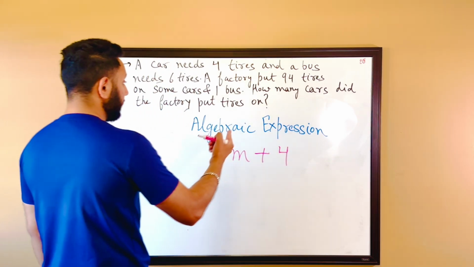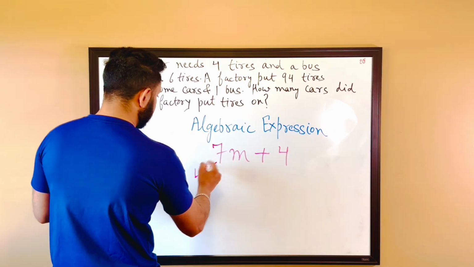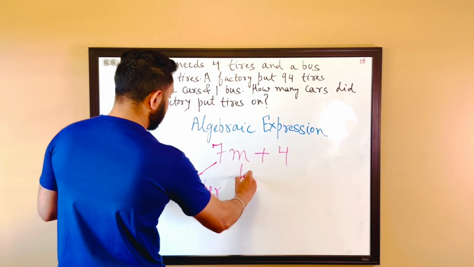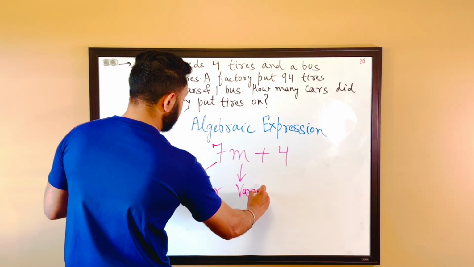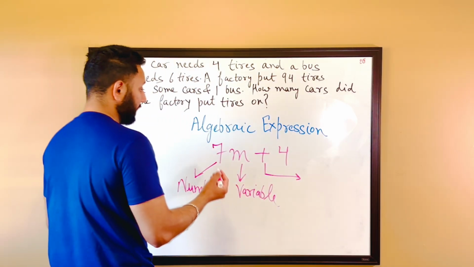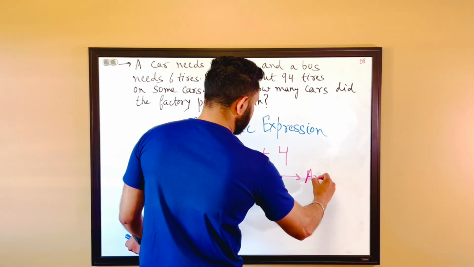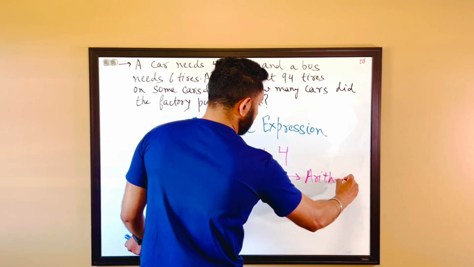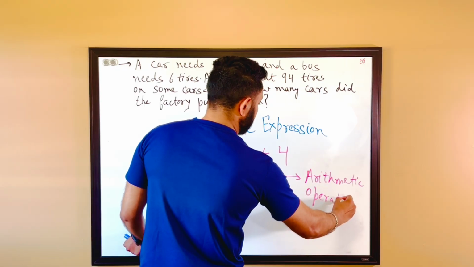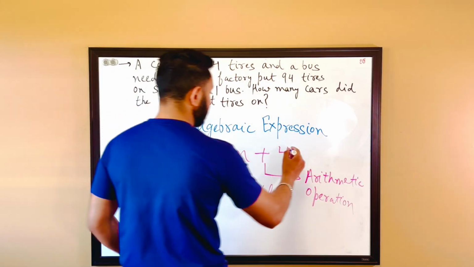This is an algebraic expression, or I would say a mathematical statement, where 7 is a number and m is a variable, and plus is addition, an arithmetic operation. And 4 is a constant.